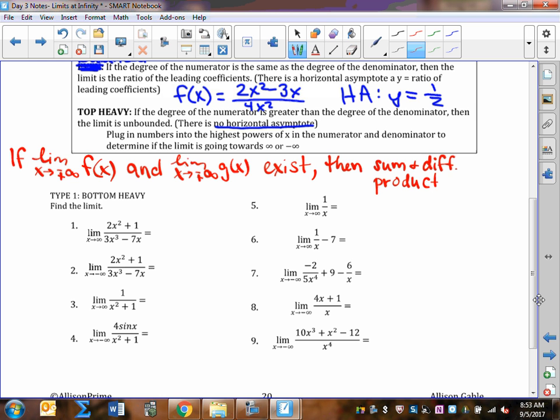Our quotient rule, I'm trying to think about all we have. We still have the power rule holds true, so we can take the squared outside the whole thing. And then the other one's called your constant multiple, which is really just that coefficient.